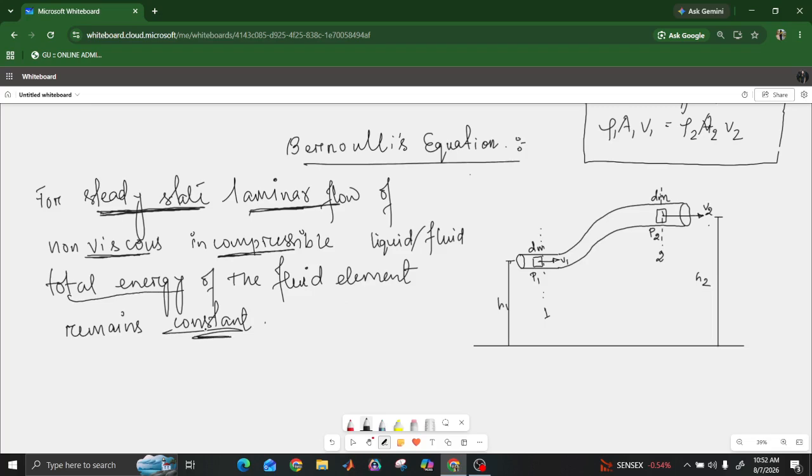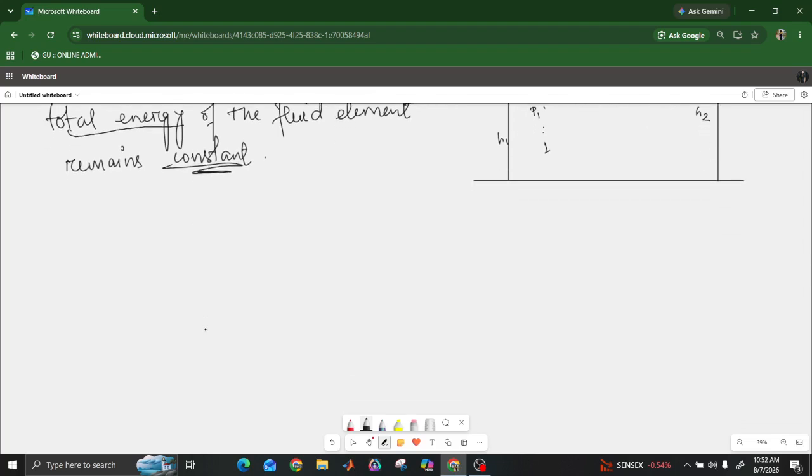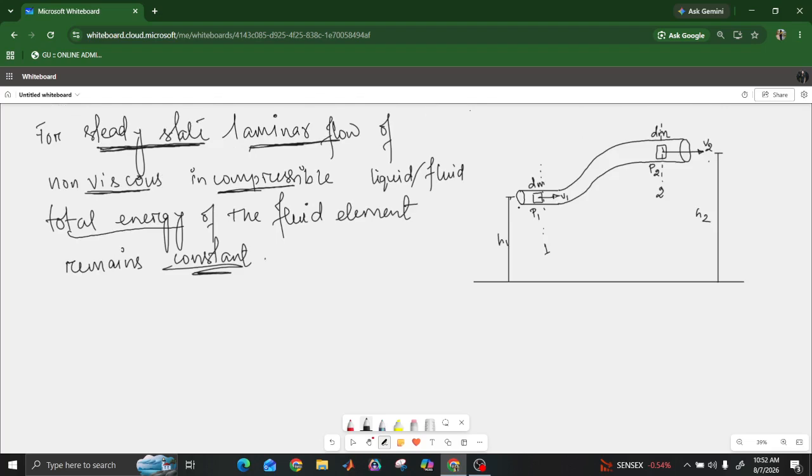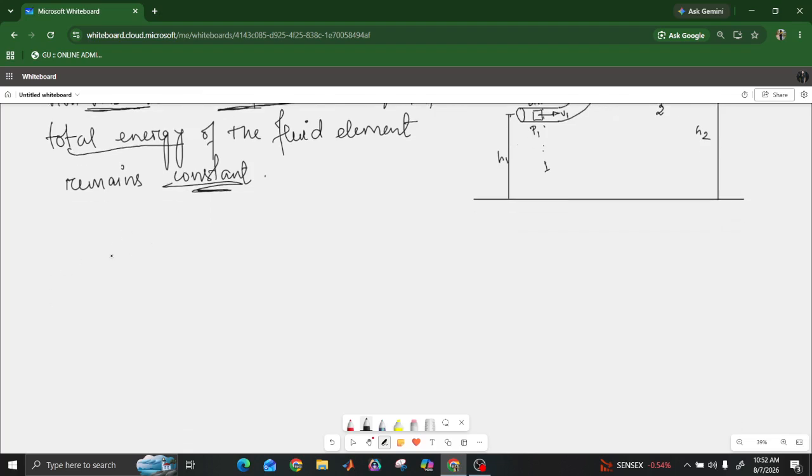So total energy. We already found out the three energies. First, let me write the equation. P by rho plus half V square plus GH is equal to constant.